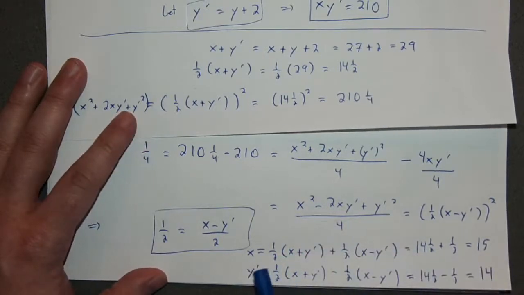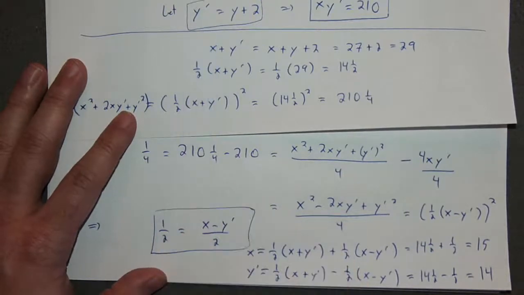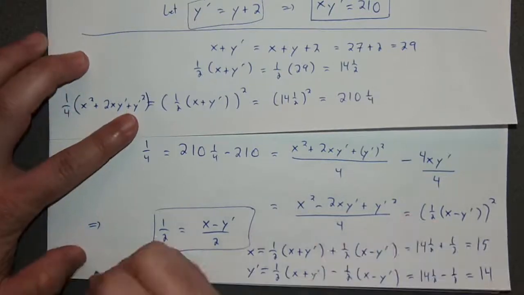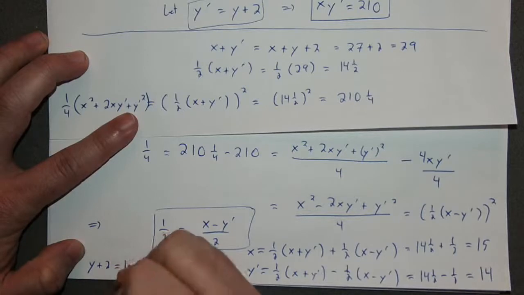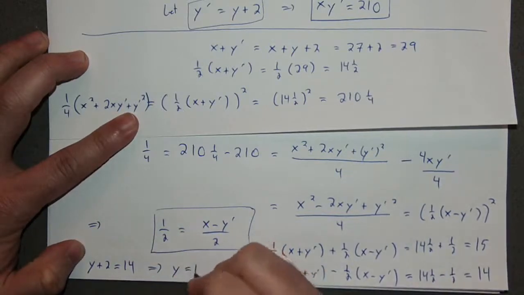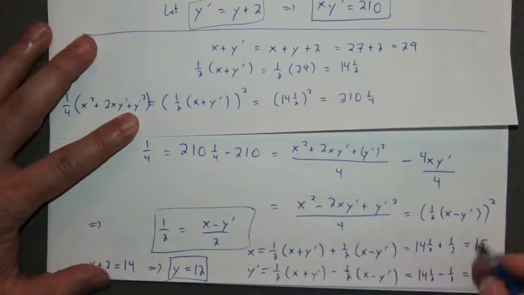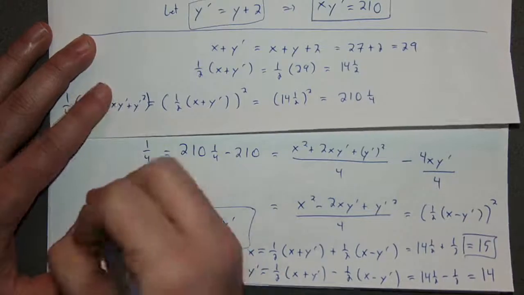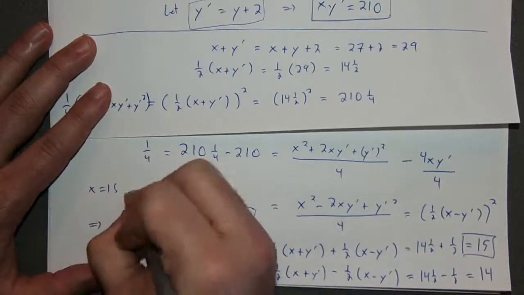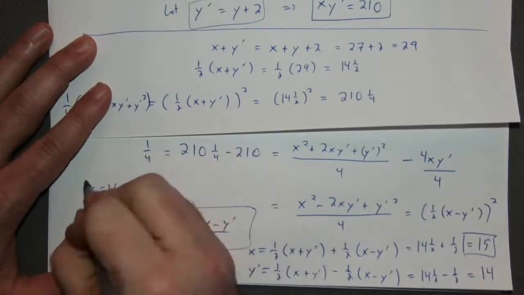Of course, my goal wasn't to solve for x and y prime, it was to solve for x and y. But what is y prime? Y prime is y plus 2. So we have y plus 2 is equal to 14. So what is y? 12. So we get the solution: x is equal to 15, y is equal to 12.